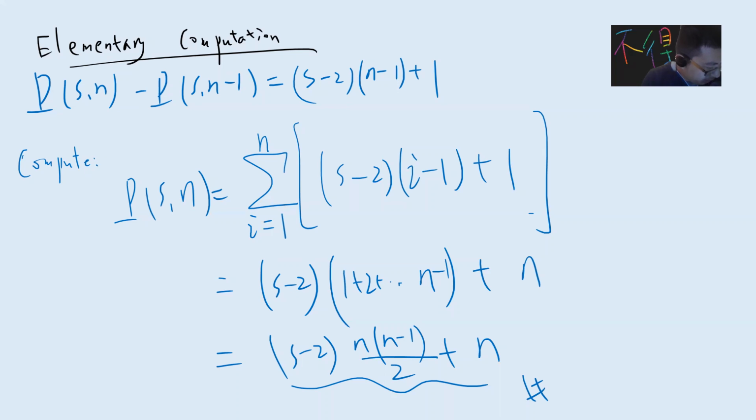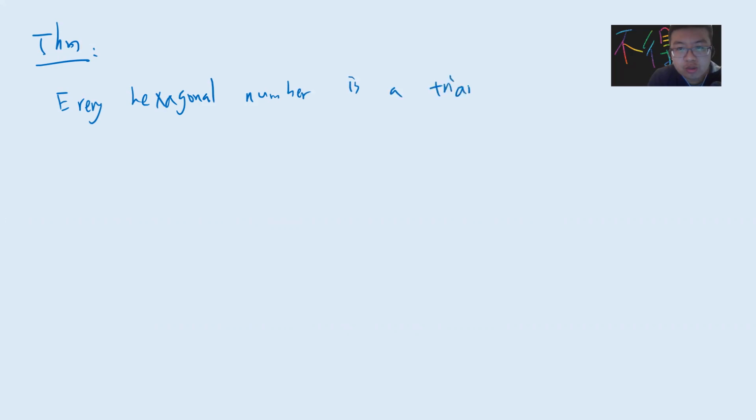Okay, and there's a theorem I think is interesting, so I want to say a little bit. It is that every hexagonal number is also a triangular number. So what's the hexagonal number? Okay, so let's see.